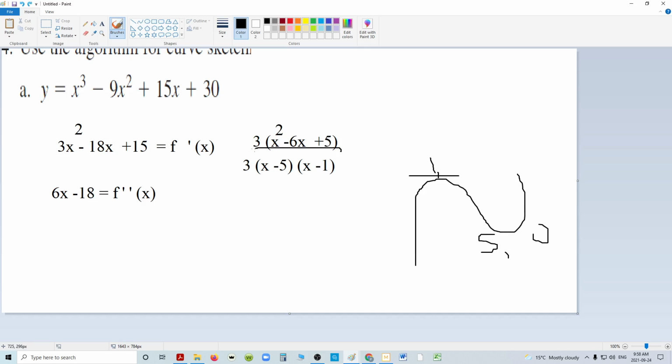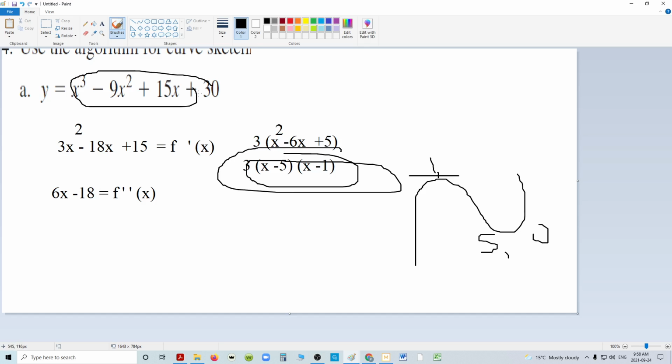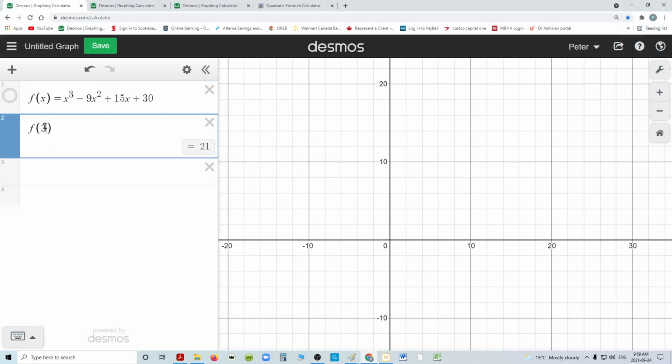So now that I've seen that the first derivative has clean factors, I'm pretty much sure my x-intercepts will not be clean factors. So I'm not going to waste a lot of time using synthetic division or punching f of 1 into my calculator. You can. This is a fast way to see if there are clean x-intercepts. It's called the Factor Theorem.